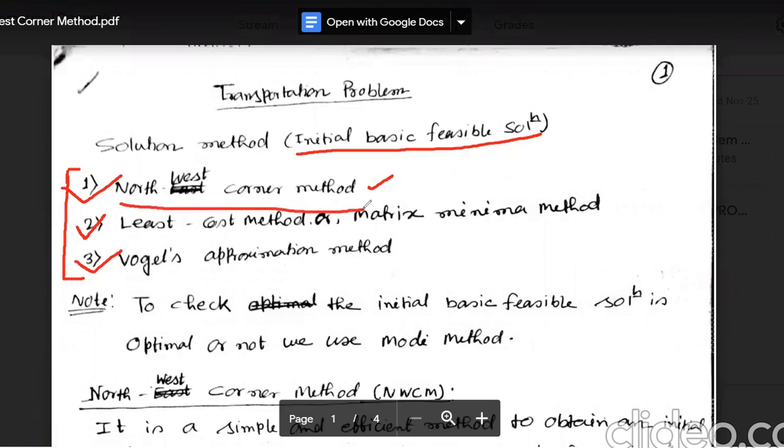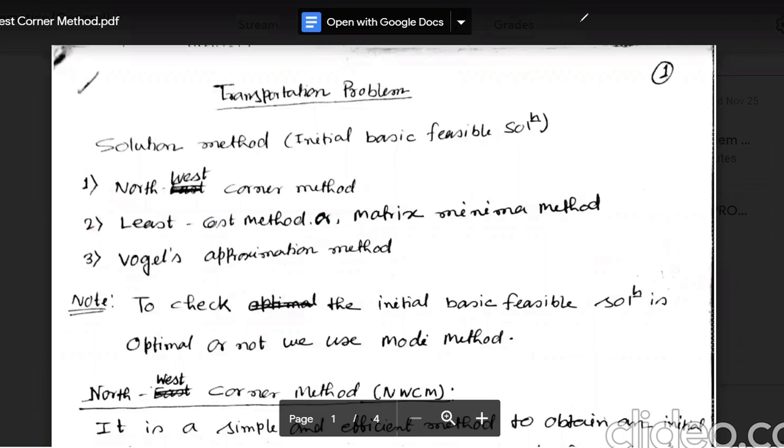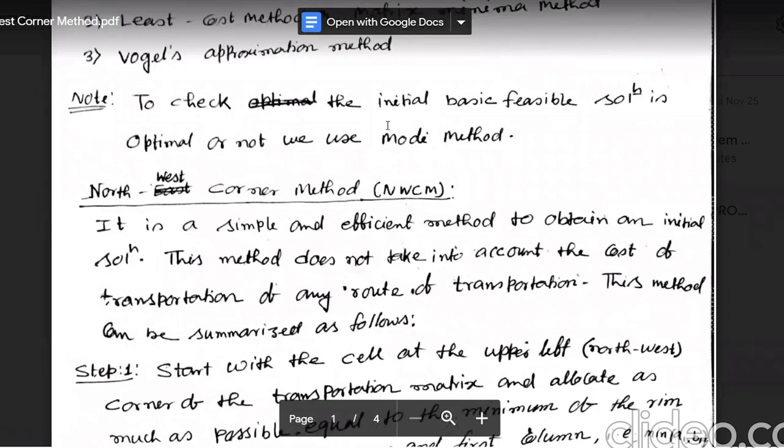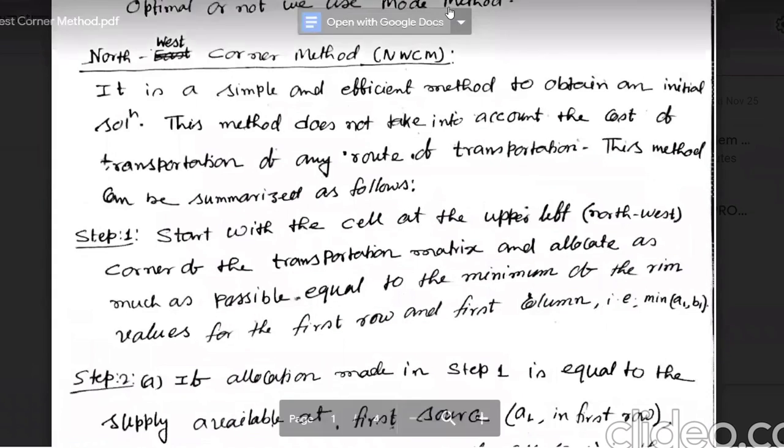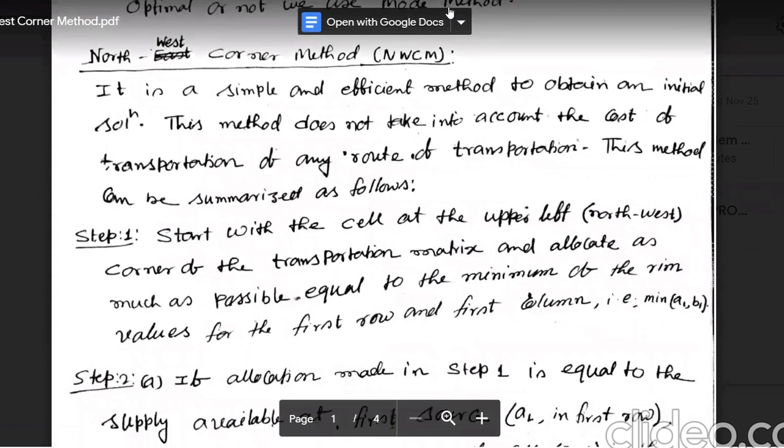So how will you proceed? The northwest corner method is a very simple one. In abbreviation, it is written as NWCM. The first thing, whenever you try to solve any transportation problem by the northwest corner method, is to check whether the given problem is balanced or not.